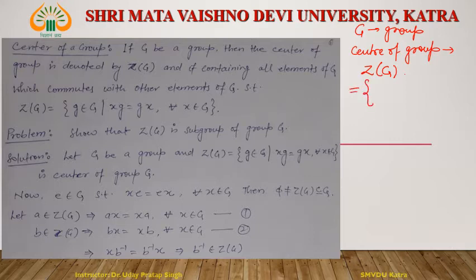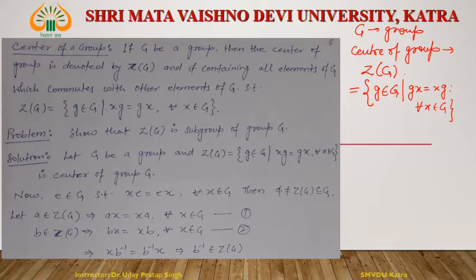It contains all those elements g of G such that gx equals xg for all x belonging to G.